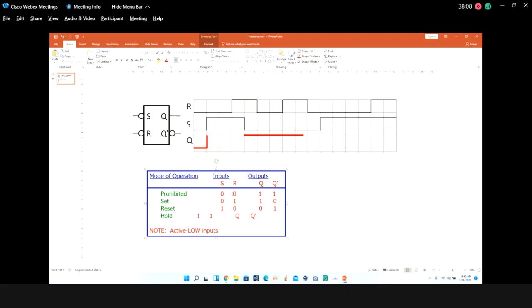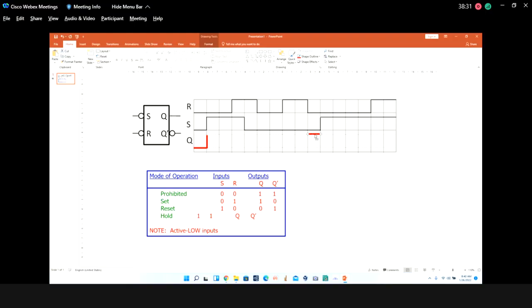So you see where the location of 0, 0 is. We have this one, and this one, and this one. Because we know at prohibited it will give the output high, we place high.